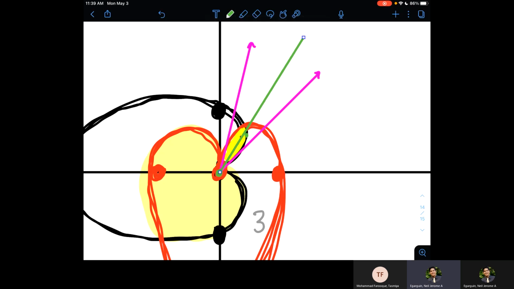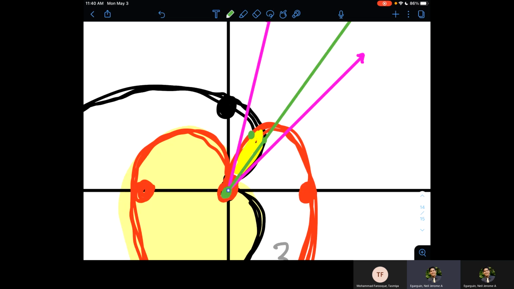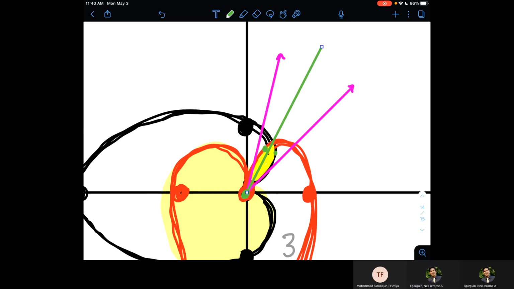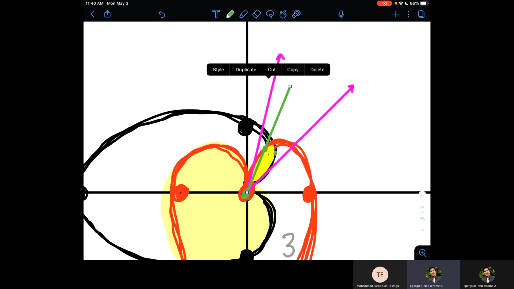But if I go a little bit closer to the end theta value, say at this point, it still starts at the pole, but ends at the red curve, all right? So that means there are two different behaviors here. Sometimes the radius will start from the pole and end with the black curve. And there are some times when the radius will stop at the red curve starting from the pole, right?